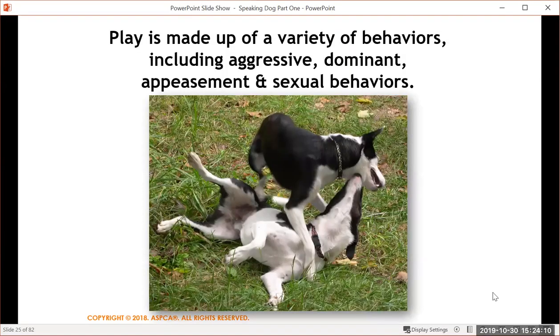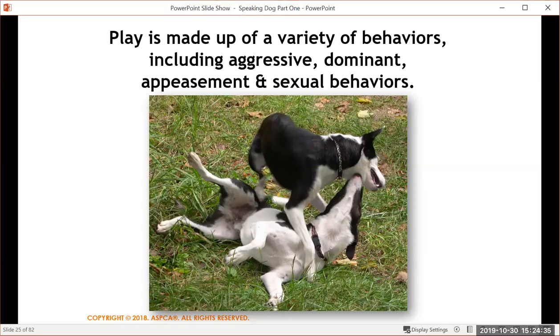Next slide. So another area where people can sometimes experience confusion is in the context of play. And that's because play is made up of behaviors from all sorts of other motivational systems. So you get aggressive behavior, you get dominant behavior, you get appeasement, and you even get sexual behavior, all rolled into one.